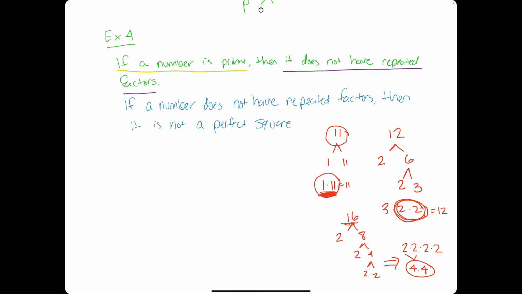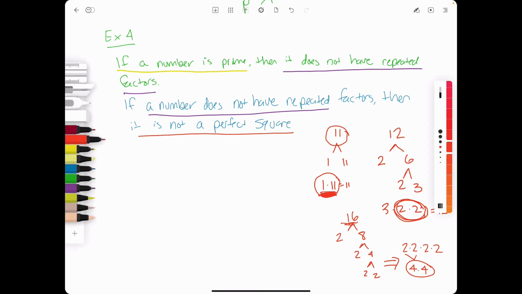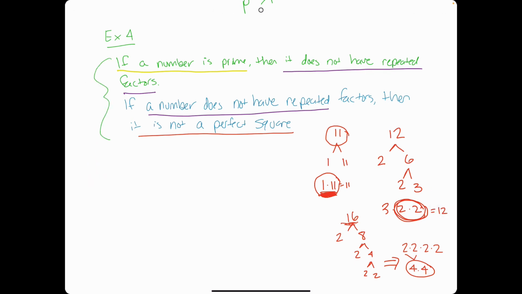Let's look at the second conditional: if a number does not have repeated factors, I'm keeping it purple for that reason, that's the same thing, then it is not a perfect square. So I can omit the two purple repeated parts and take all that's written here, and my conclusion, or simplification you could say, is this.